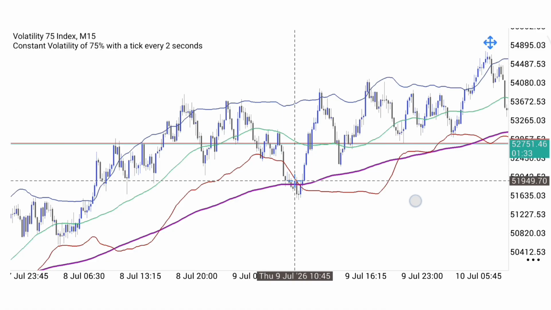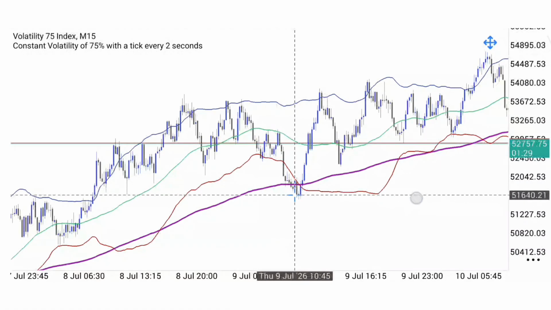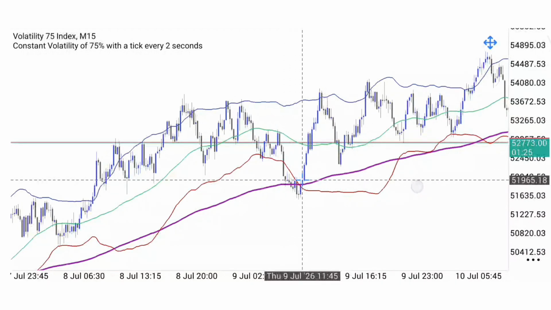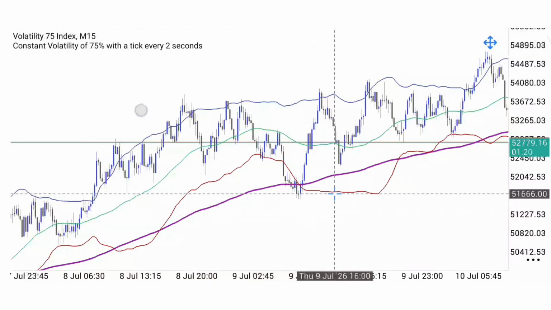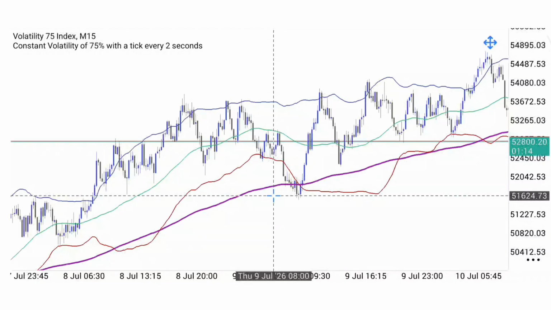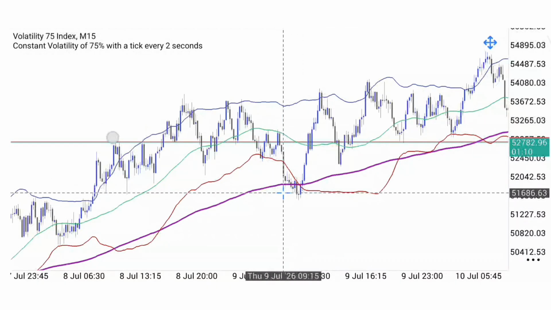So right here we have the engulfing candle. You see the engulfing candle here while it's still touching the red Bollinger Band. And you see that at this point also it is touching the moving average line. When you see this confluence, although it must not be like this always, you know that you can trade this market confidently.